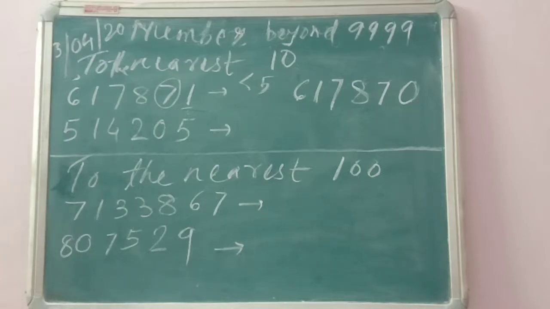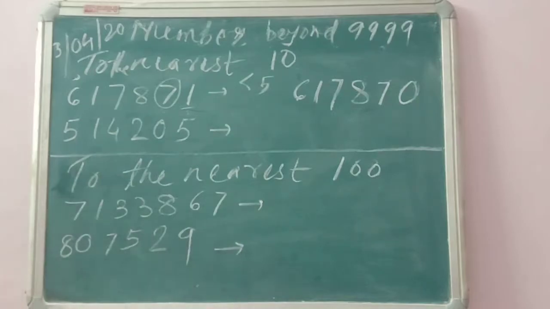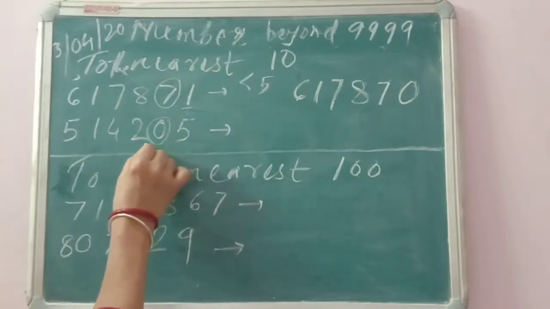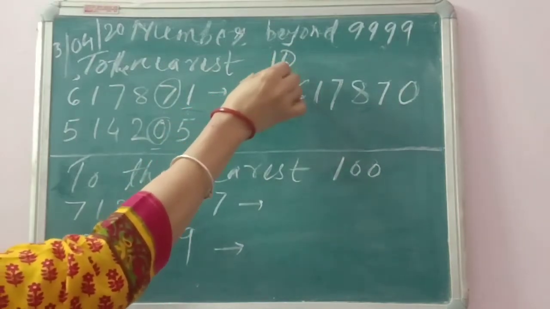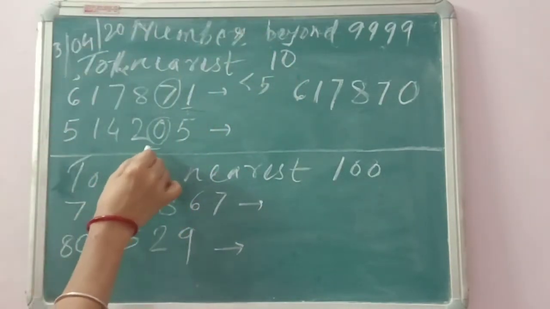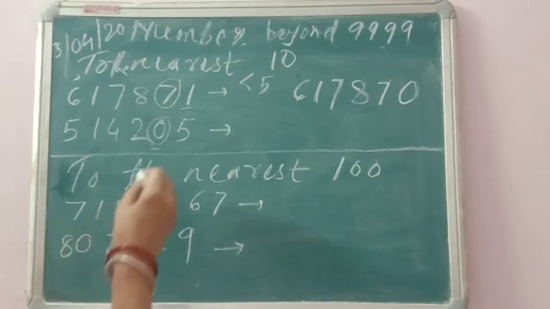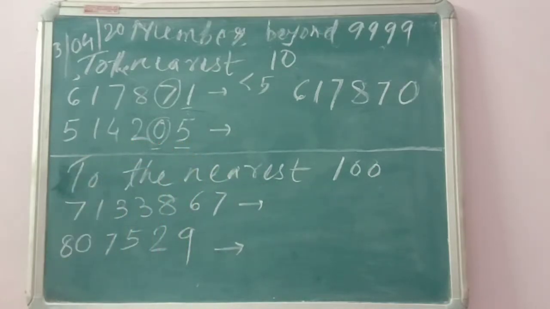Now see another number which we round off to the nearest 10. Because I want to round to the nearest 10, the digit at which I have to round off is 0, and the digit which I have to check is 5.